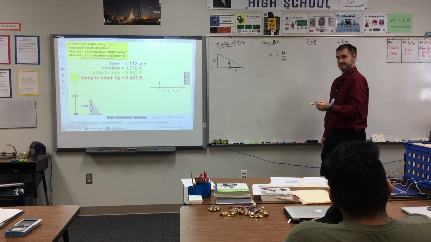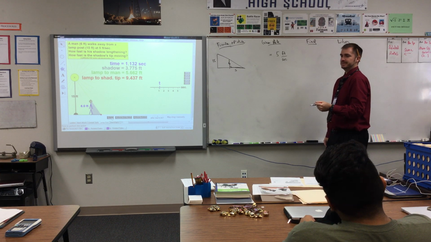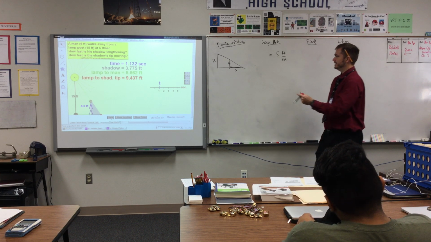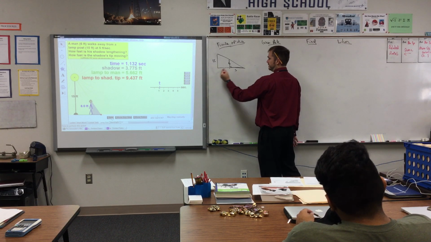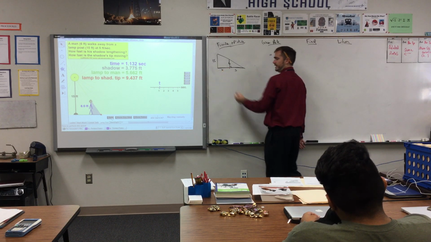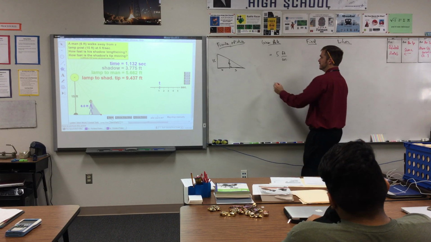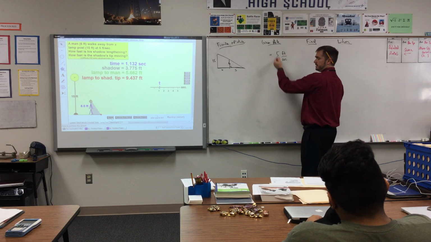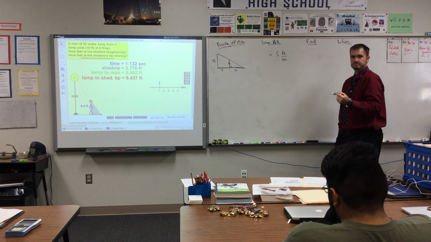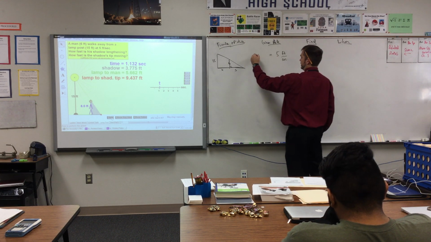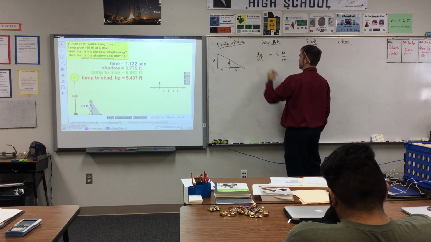Distance from the lamppost per time, right? Okay. But if we're going to put distance from lamppost, then we're going to need some sort of variable there. Let's call that x. So x equals 5 feet per second? dx over dt. Yeah, there we go. So dx over dt equals 5 feet per second.